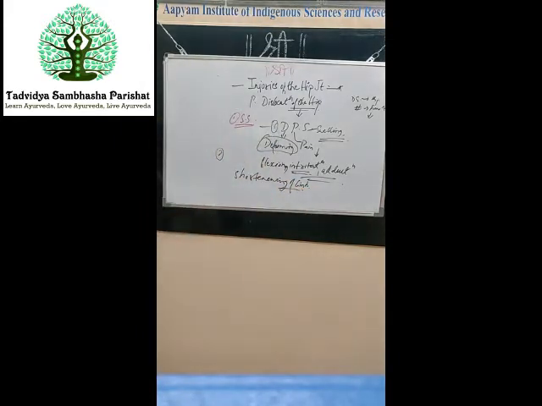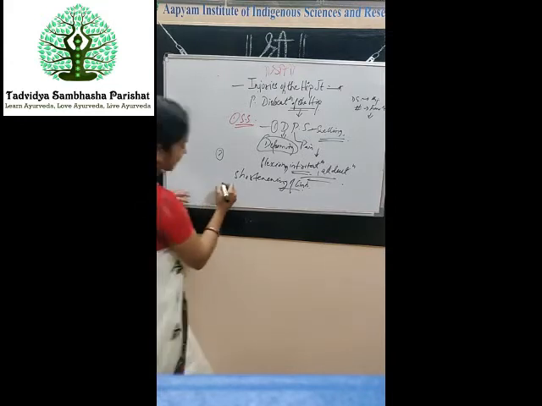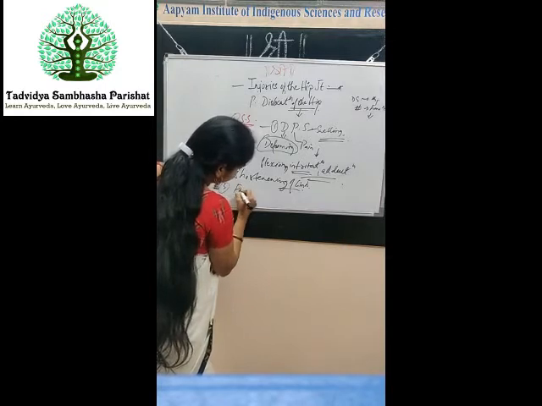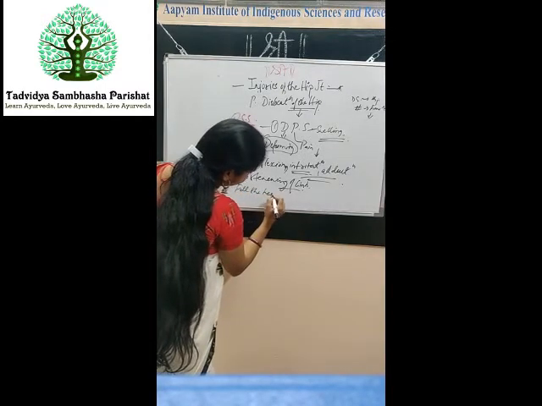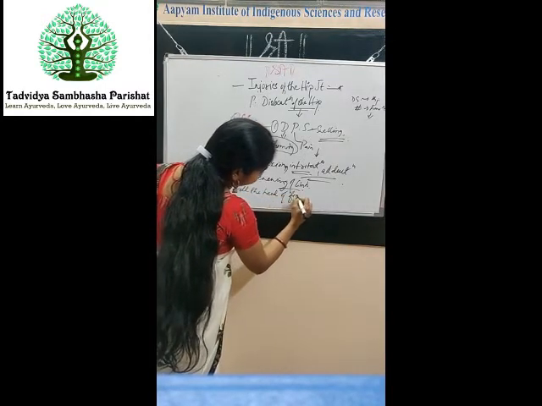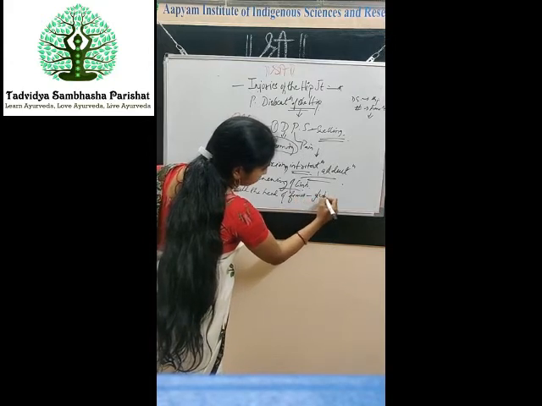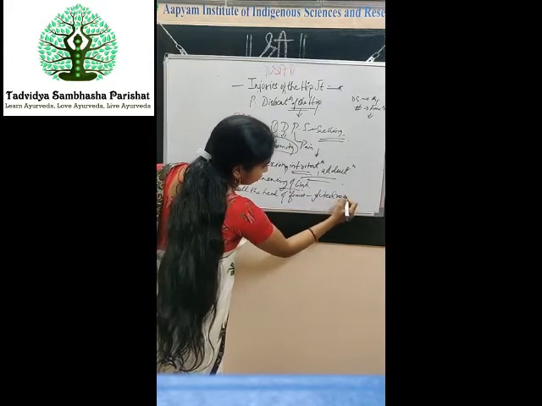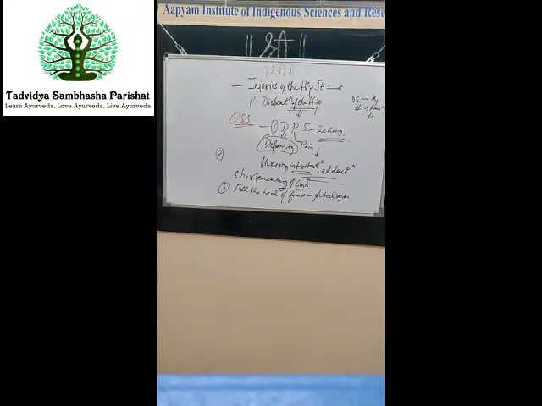This is the next clinical feature we have to look for. Now the third one is that in some cases you are able to feel the head of the femur in the gluteal region. So this is the third clinical feature.